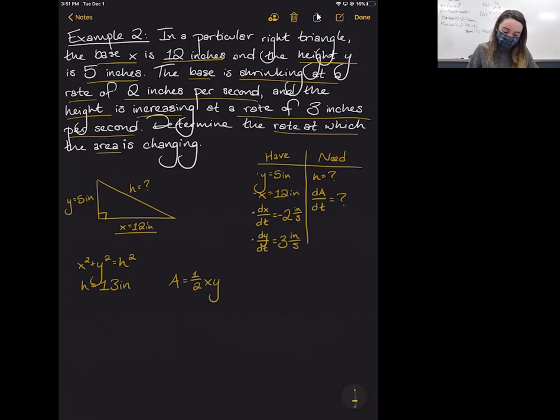So now to find dA dt, I need to differentiate each side of this equation with respect to time. On the left, we have dA dt, which is what we're looking for. That's wonderful.